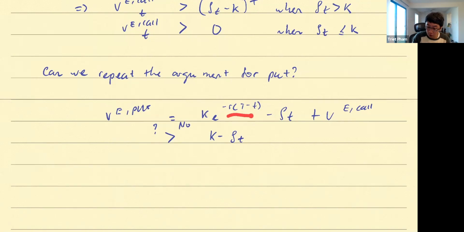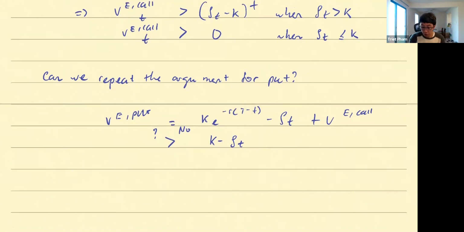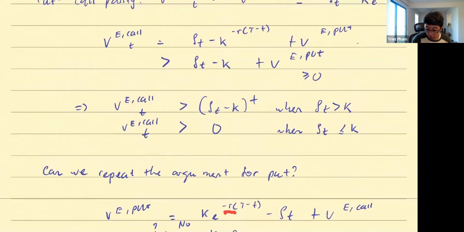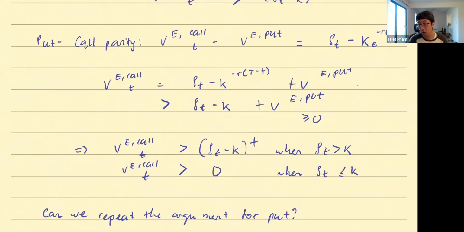If you wait longer for the put, you pay a higher price if the interest rate is high. So if the interest rate is high, you may have incentive to exercise early, to not pay that price. But with the call, it's always in your favor, so you don't care.